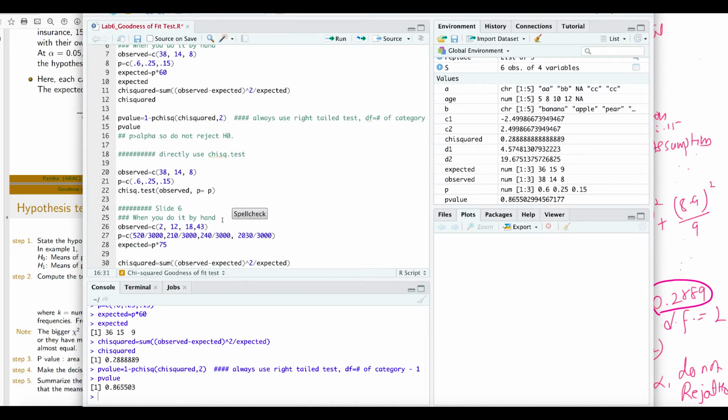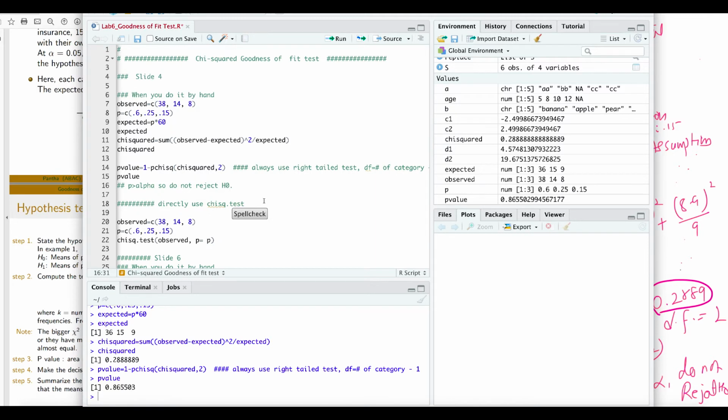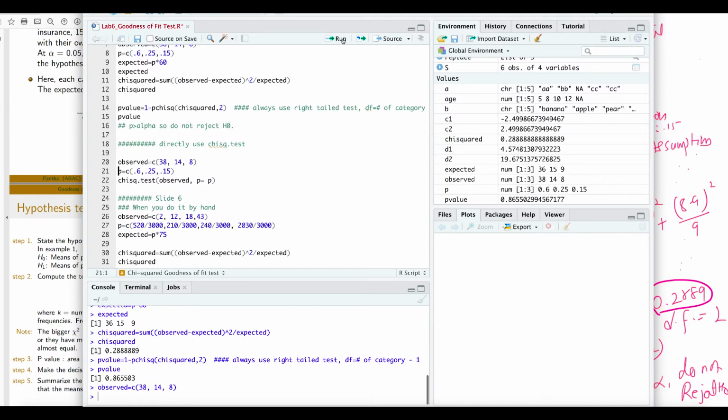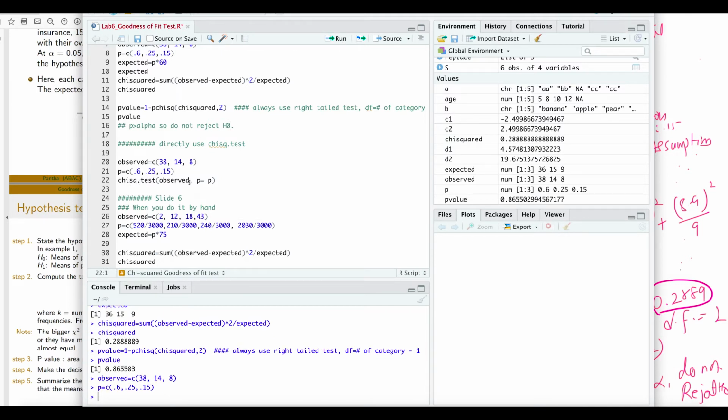Now, how do I do that directly using the chi-square test? Instead of doing all these steps, you can do it directly. Observed equals that, and P equals that probability. What you do is chisq.test. Let me run that. chisq.test needs the observed, and p equals just p, that probability.